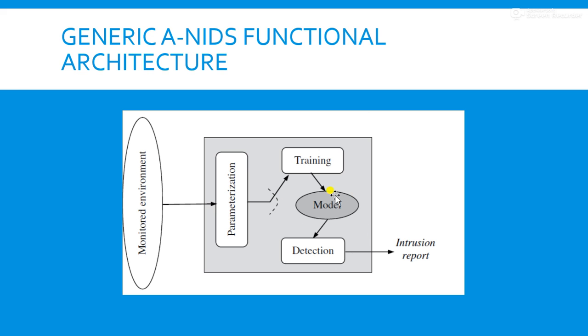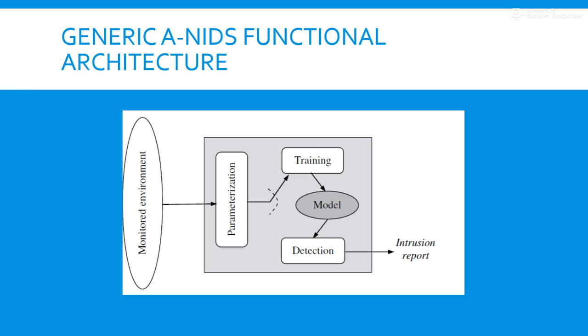Our anomaly based model consists of these three stages. In the parameterization stage, the observed instances of the target system are represented in a pre-established form, and this then gives its information to the training stage.